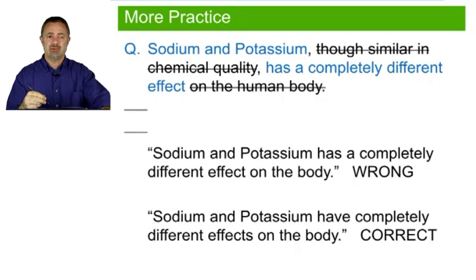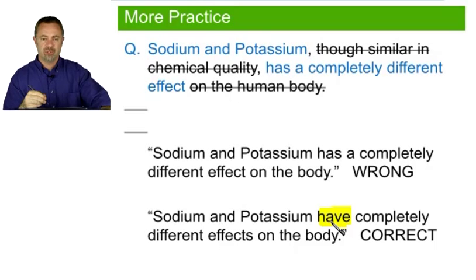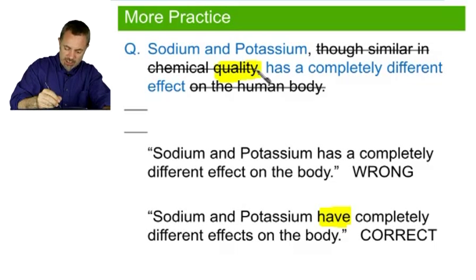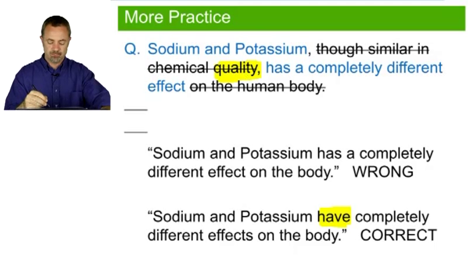Sodium and potassium have, our plural verb here, completely different effects on the body. Yet again, notice in the original sentence, quality, which is singular, you would usually say quality has. However, in this particular case, it's not the quality that has, it is sodium and potassium that have, our plural verb.